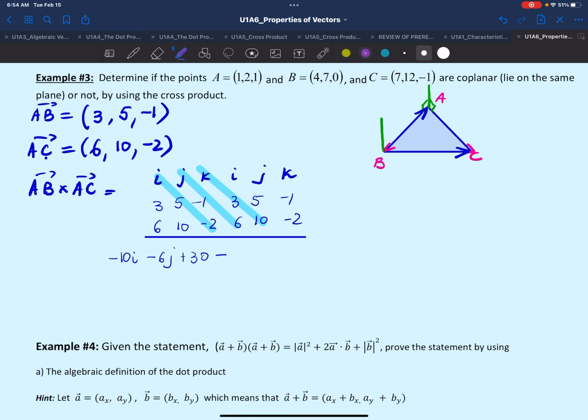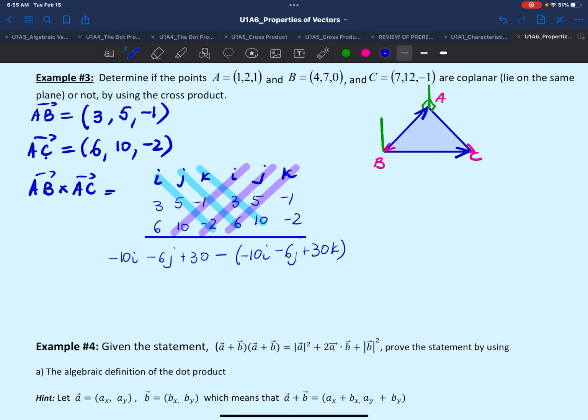Now we'll do the up product. So up products go 10 times negative 1, negative 10i. Next we have negative 2 times 3, negative 6j. 6 times 5, 30k.